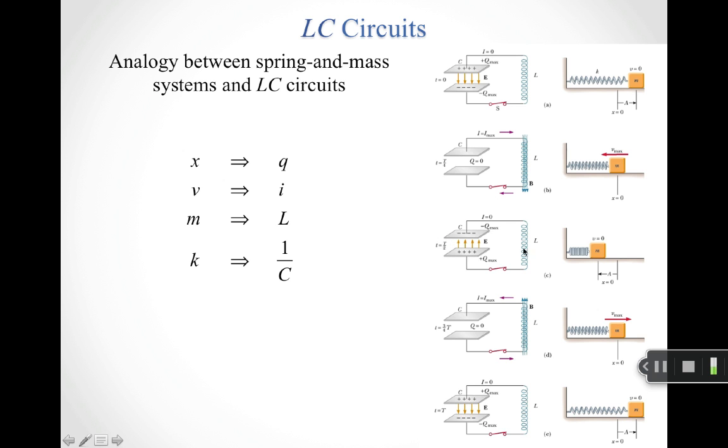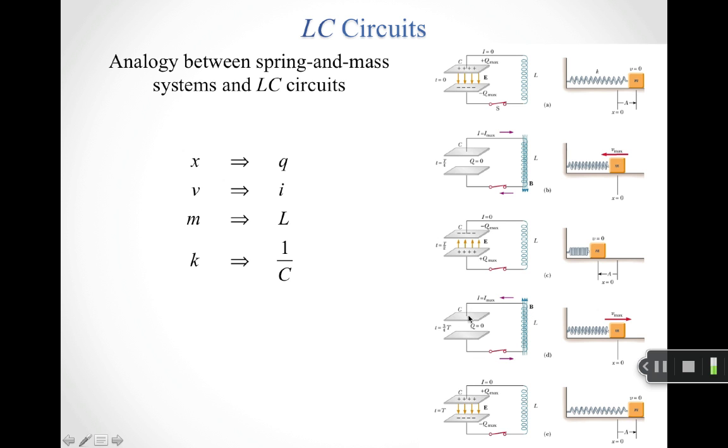This is the analog to my mass having bounced all the way over to amplitude on the other side of my equilibrium point. Then my plates will discharge again, so the current will flow back in the opposite direction.